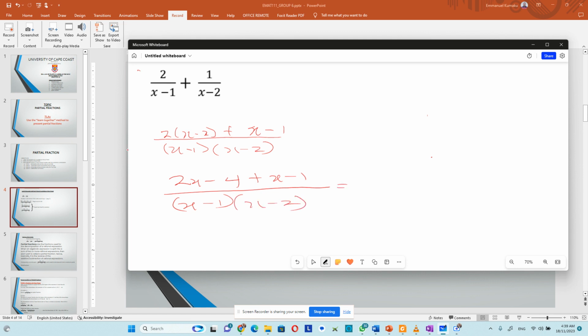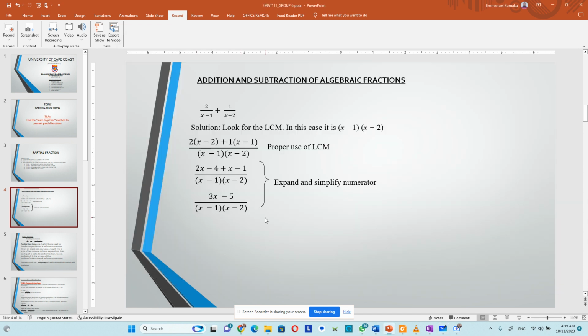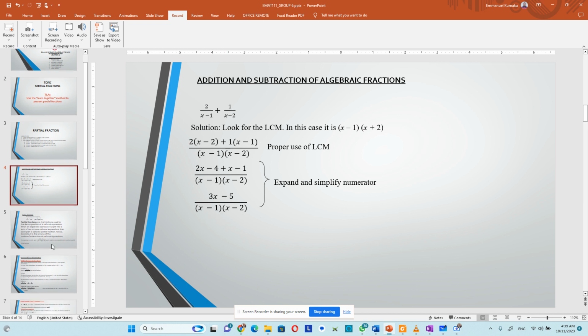Simplifying the numerator, we're going to have 3x minus 5, that is 2x plus x, and minus 4 minus 1, over x minus 1, x minus 2. So that's what we have here in the slide: 3x minus 5 over x minus 1, x minus 2.